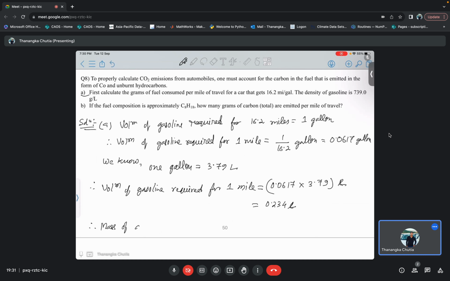Okay, therefore mass of gasoline required is equal to volume into density. Okay, 0.234 into 739 grams.